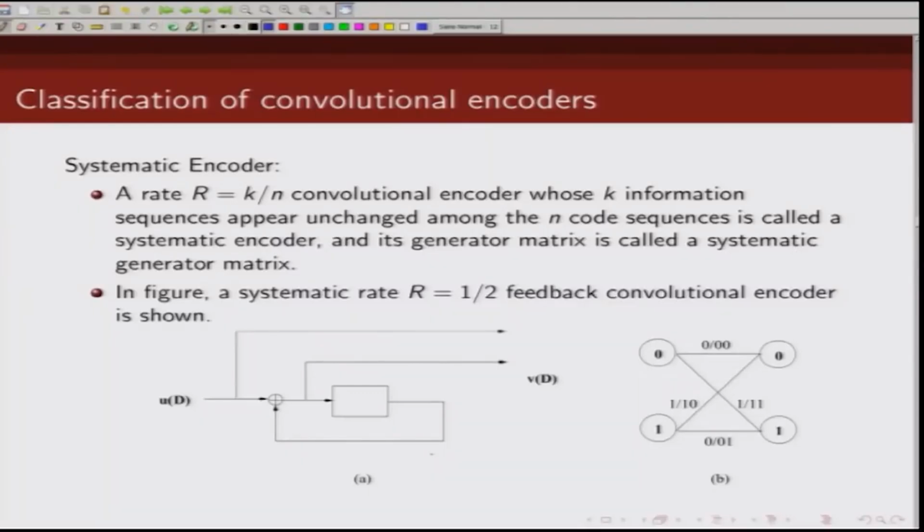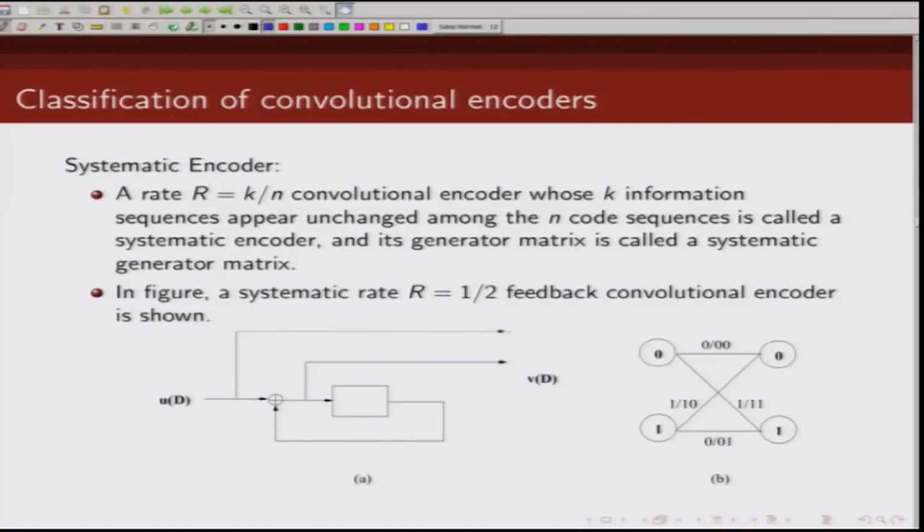Take the example of this rate 1/2 feedback encoder. You can see there is one input and there are two outputs. So, it is rate 1/2 and it is a feedback encoder. There is a feedback from the output to the input side.